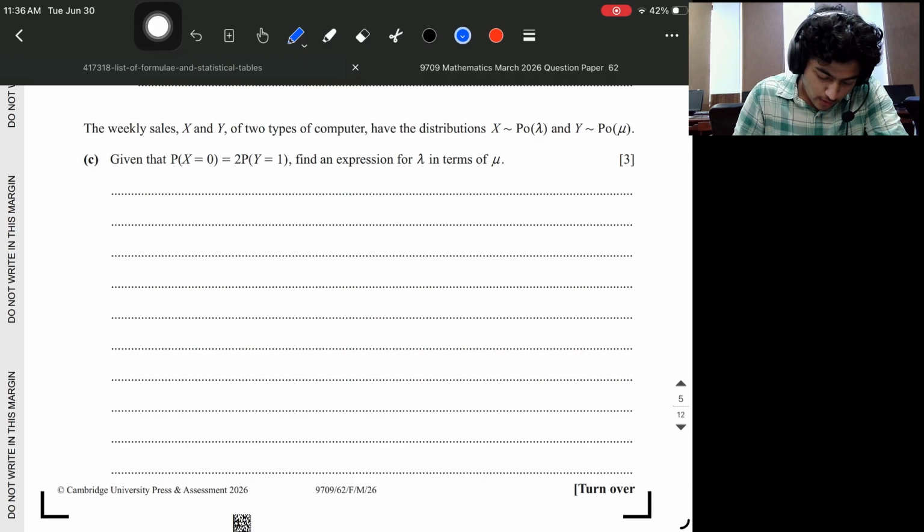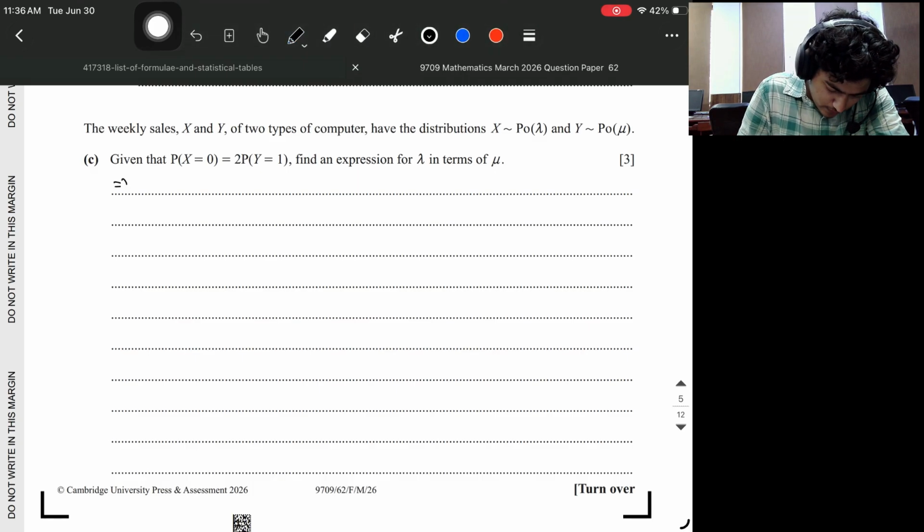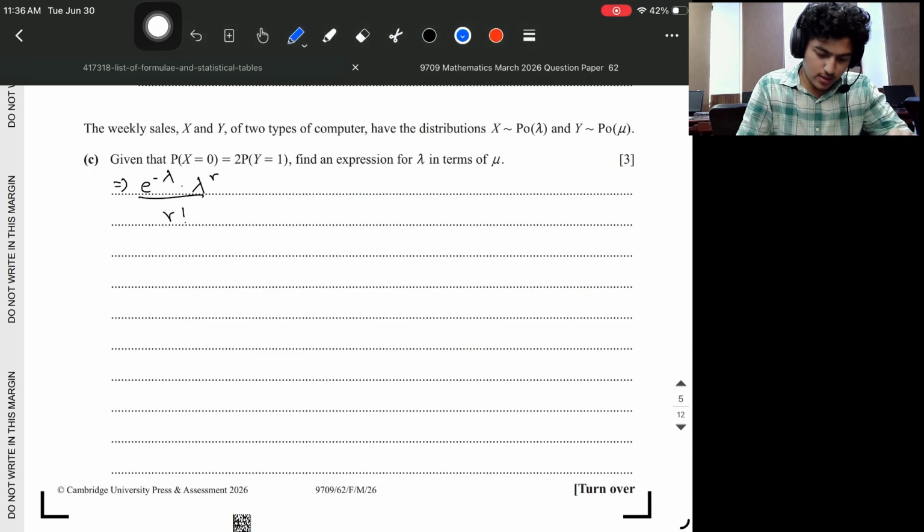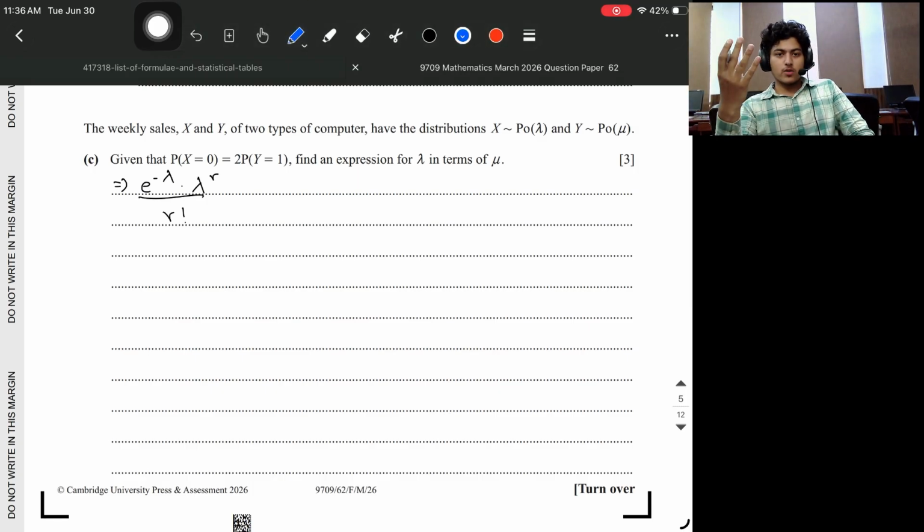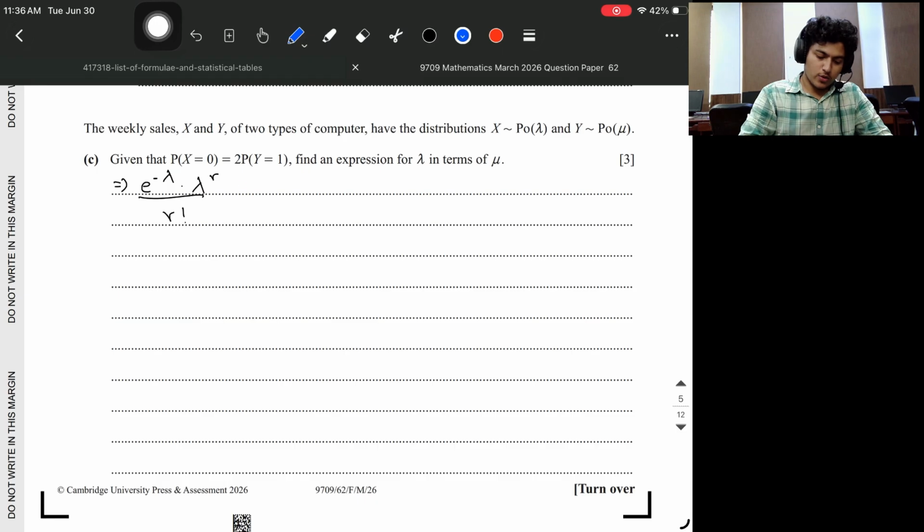Now, they have said x equals 0. As we know, the formula here is e to the power of minus lambda times lambda to the power of r upon r factorial, and anything to the power of 0 divided by 0 factorial is just going to be 1.